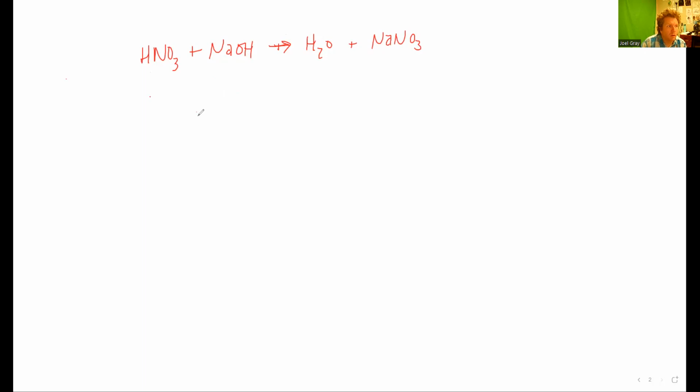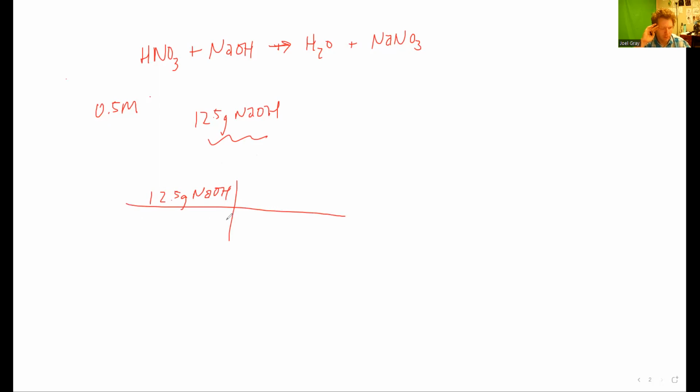What I have is 12.5 grams of NaOH, and I've got a solution with a 0.5 molar concentration of HNO3. I'm adding this acid to this mass of NaOH. And what I need to do is figure out how many moles of NaOH I have.